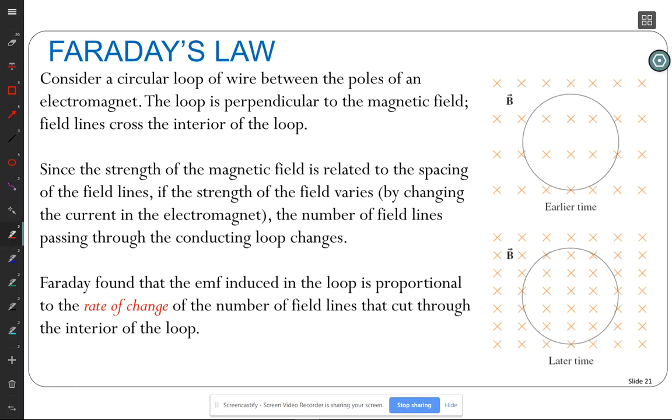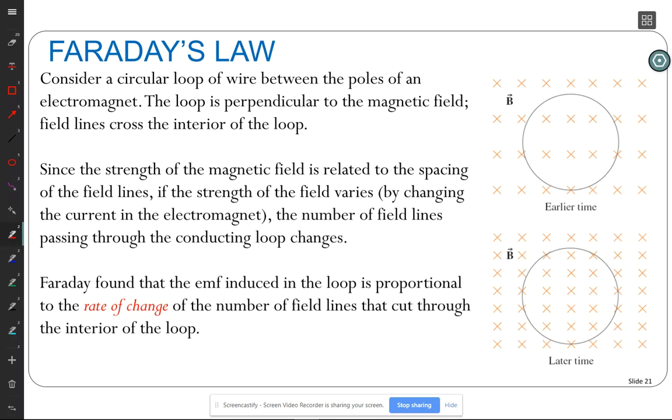If you look at the upper picture, the magnetic field is weaker than the lower picture. How can you tell? The amount of X's. Remember, those are magnetic field lines that are going away from you. And so in the lower picture, there's more magnetic field lines inside the circle. Hence, the amount of magnetic field going through that area is bigger. That's bigger flux. So the flux is increasing with time.